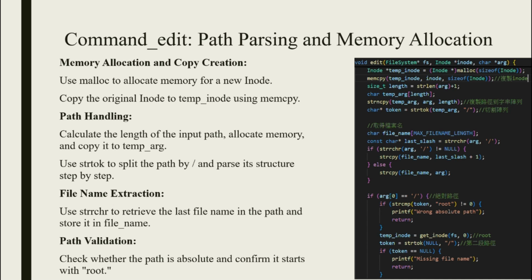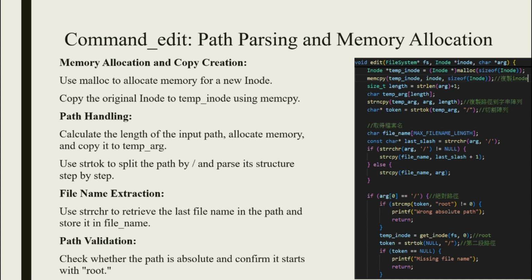Next is path preparation and memory allocation. First, memory is allocated using malloc to store a new inode structure. The path in inode is copied to temp inode using memcpy to create an independent copy.